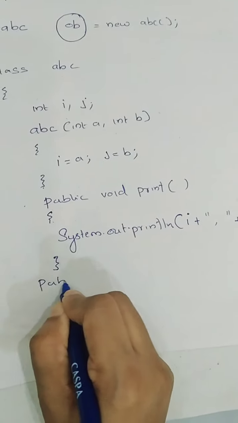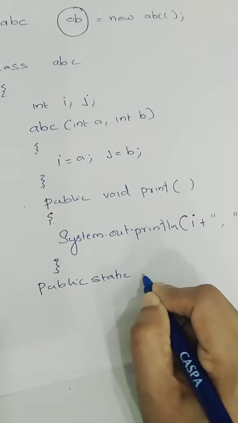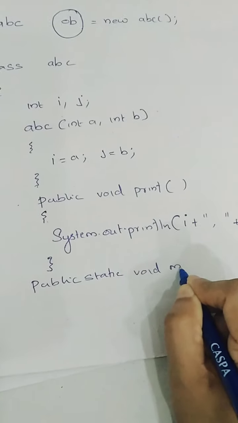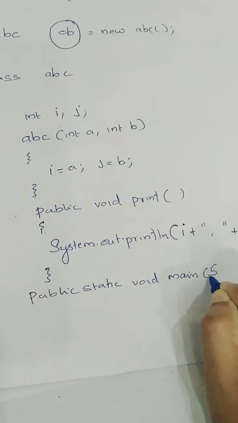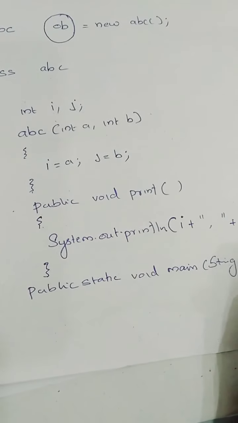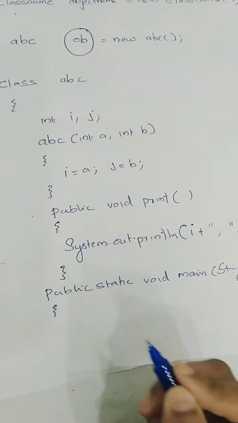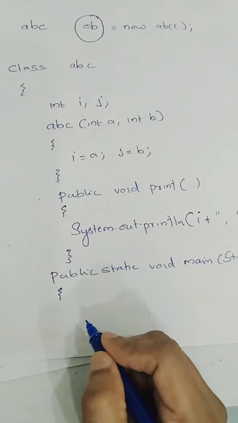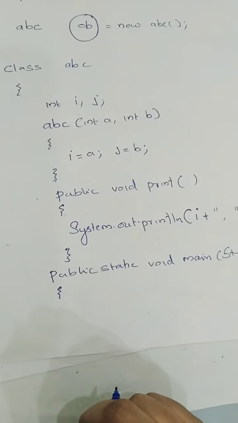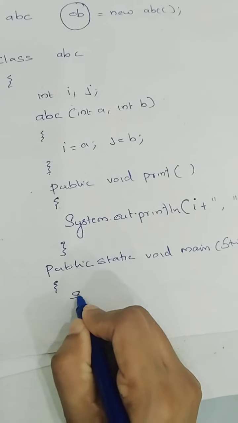Now I will write my main method: public static void main, String args. Now inside the method, I am going to create two objects. One is a permanent object and the second one is a temporary object. How will you create?